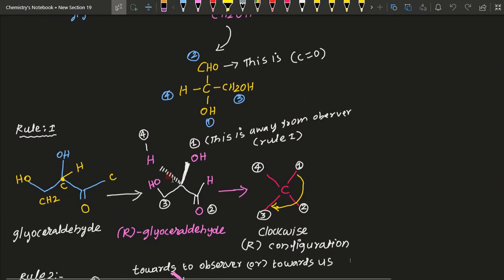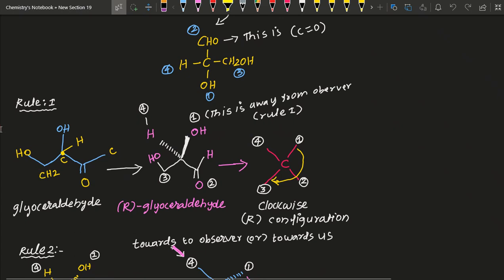Rule 1, see the glyceraldehyde, it is converted to like this, 1 alcohol is 1, here ketone is 2, here OH group is 3, here hydrogen 4. This is away from the observer. Rule 1, please don't forget this, please careful, listen careful.